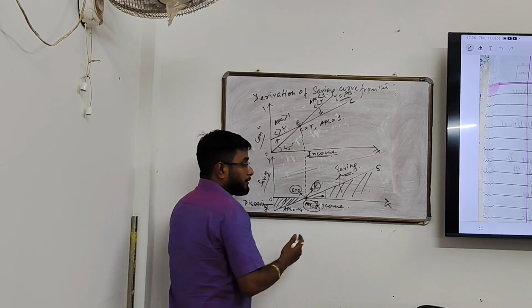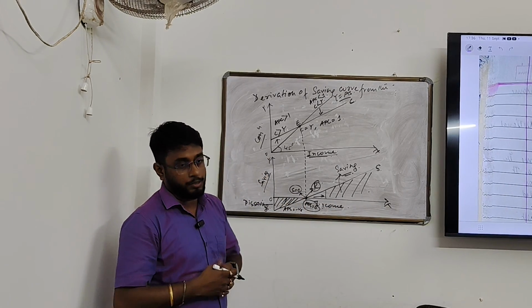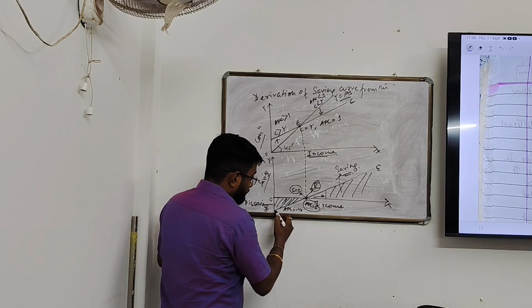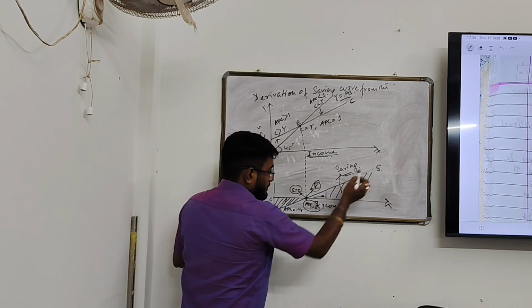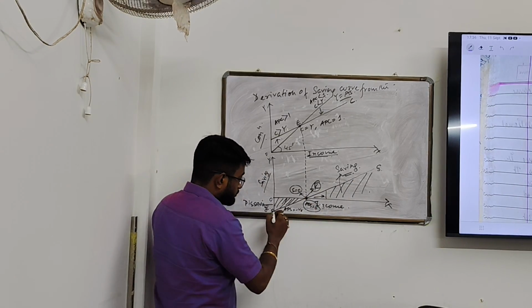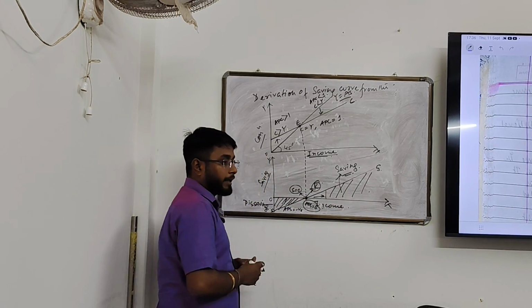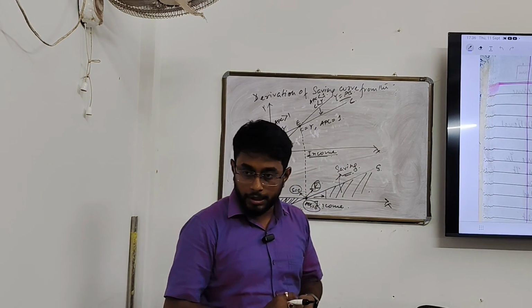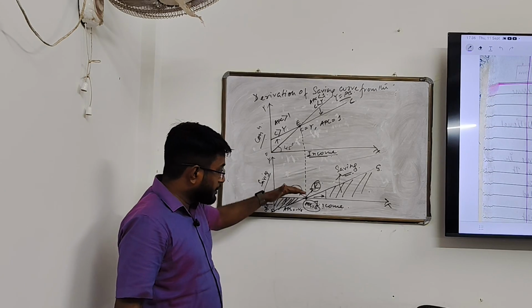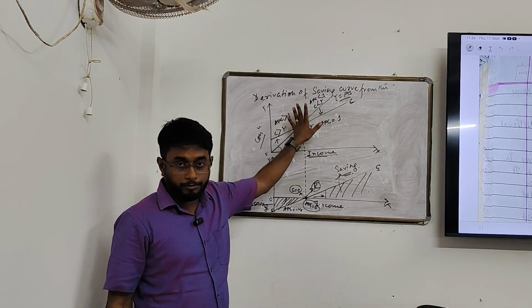After this point the positive saving starts. Now if we join these three points, we will get a curve, and the curve is called the savings curve. Okay? So in this way we derive the savings curve from the consumption curve.